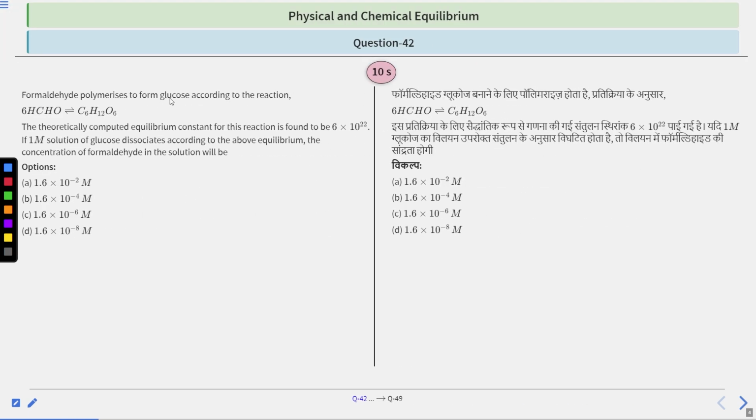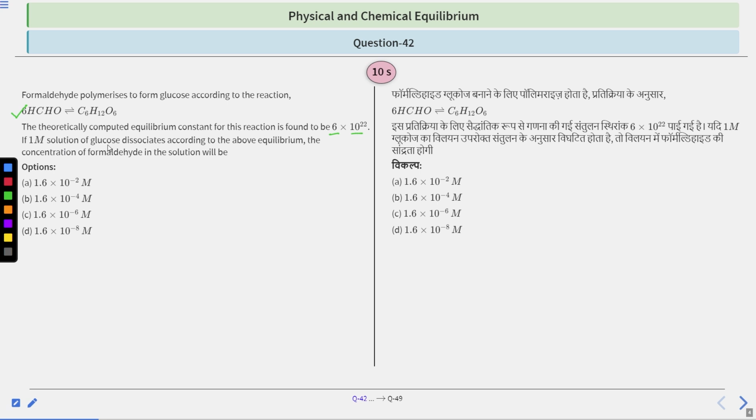Formaldehyde polymerizes to form glucose according to the reaction: 6 HCHO gives us glucose, C6H12O6. The theoretically computed equilibrium constant for this reaction is found to be 6 into 10 to the power 22.